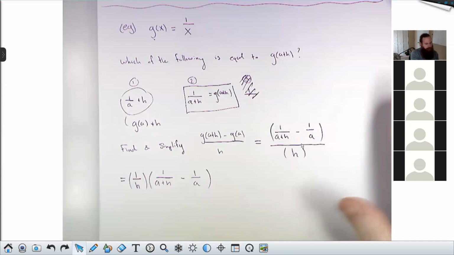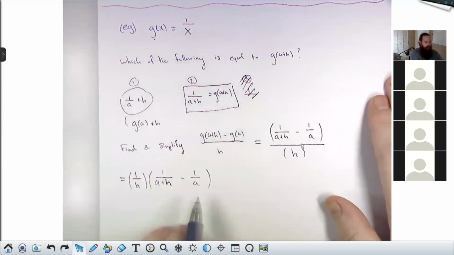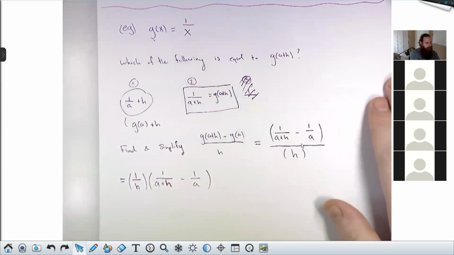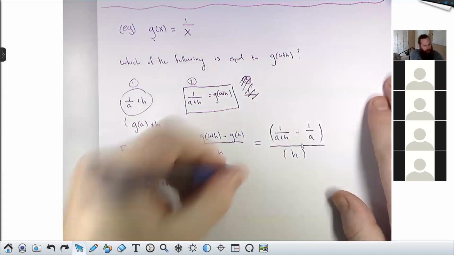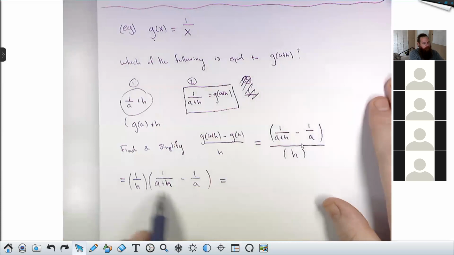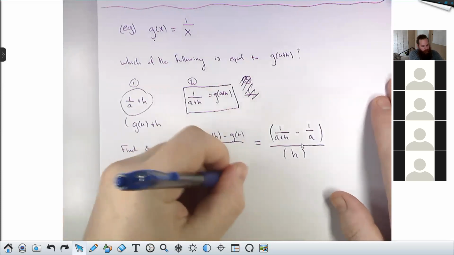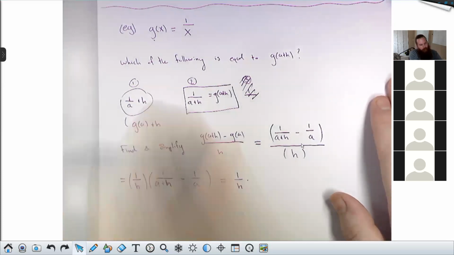Now these aren't made up of numbers, so there's no finding the least common denominator. They're made up of algebraic symbols. So the only possible choice for a denominator is a plus h times a. I still have my 1 over h out front.